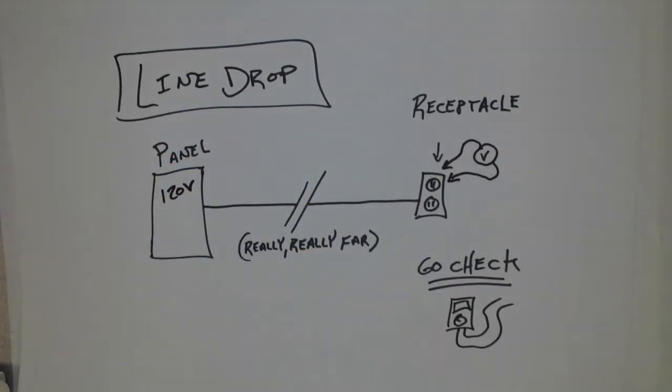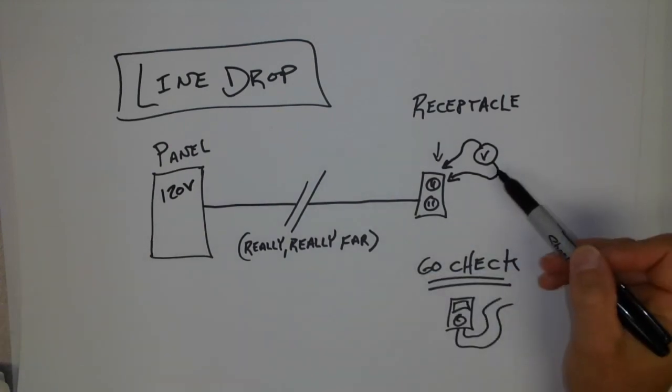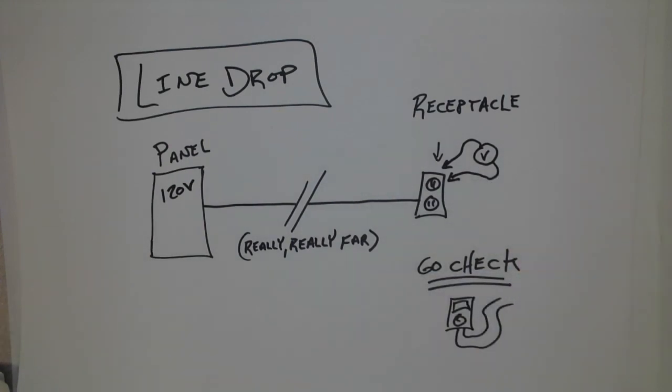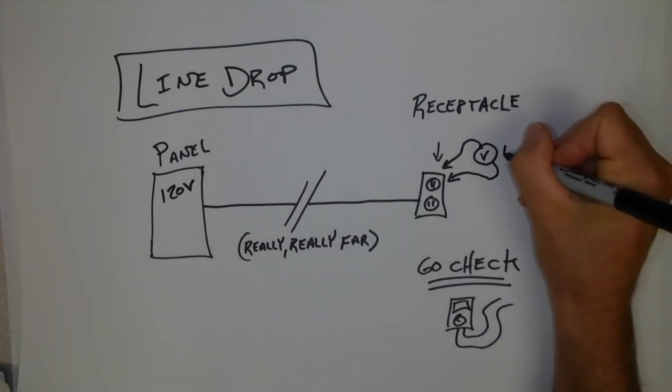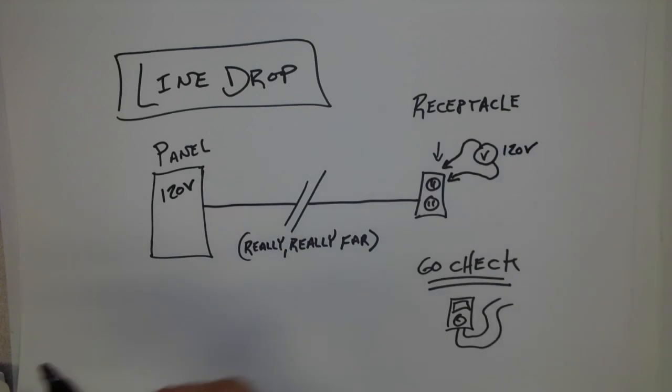So 120 volt receptacle. When you take your voltmeter out there and you hook it up to the receptacle, no matter what distance it happens to be and what size of wire, what's your voltmeter going to read? It's going to read the source voltage. And so this would be not the way to check the line drop.